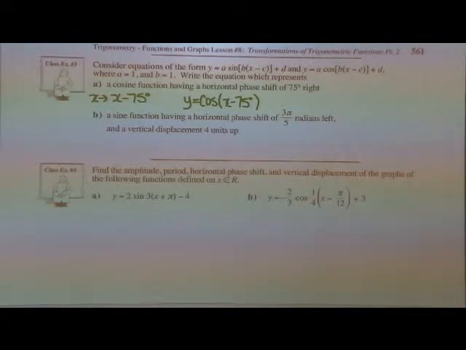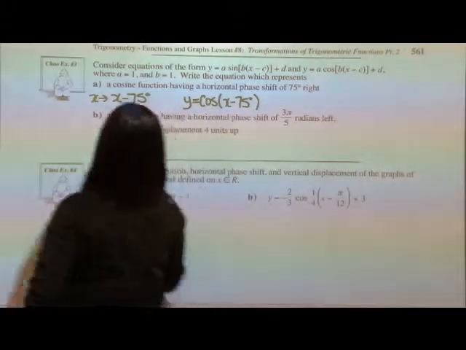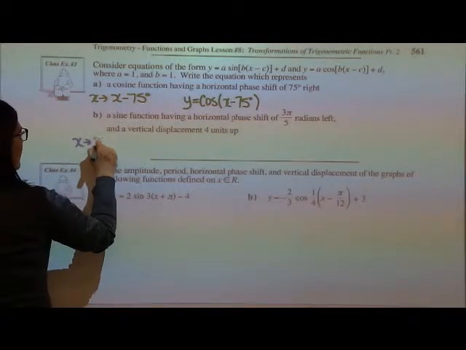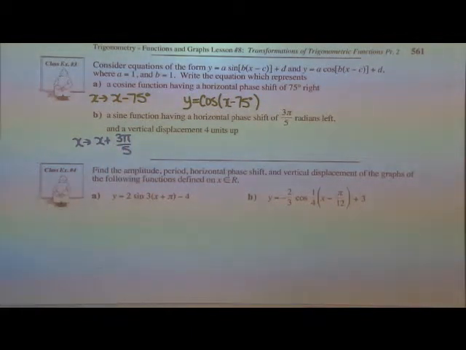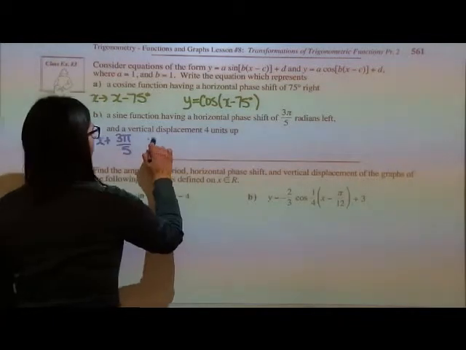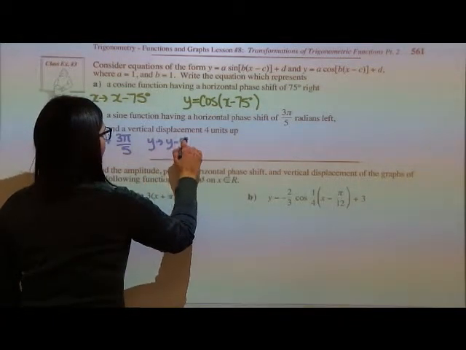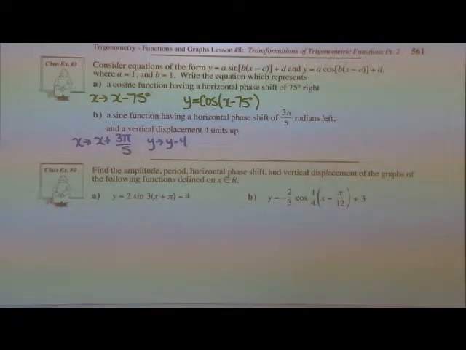So what are my replacements for b? X with x plus 3 pi over 5. Because it's going to the left. And what other replacement do I have? Y with y minus 4. So what does my equation look like?